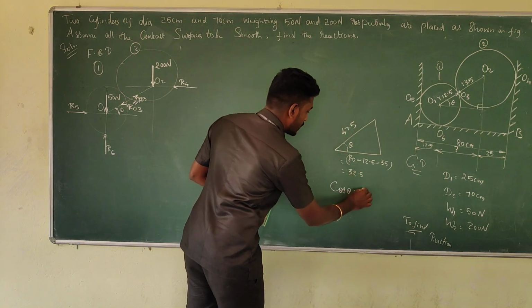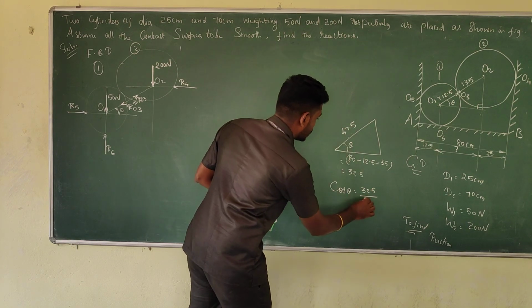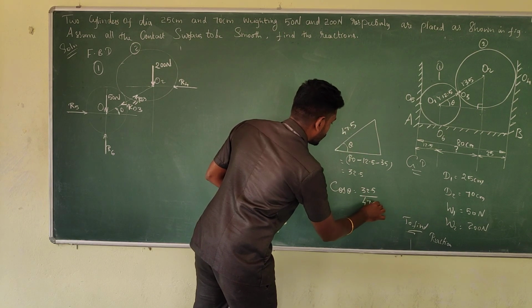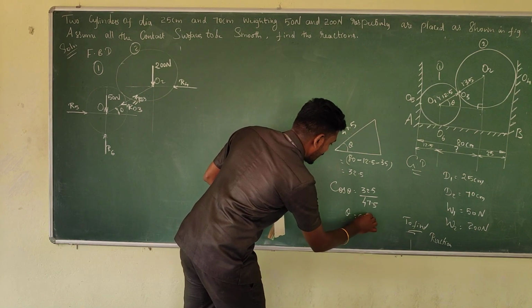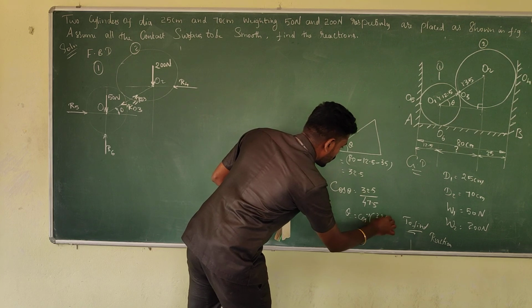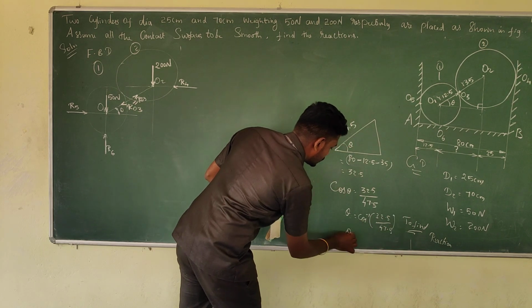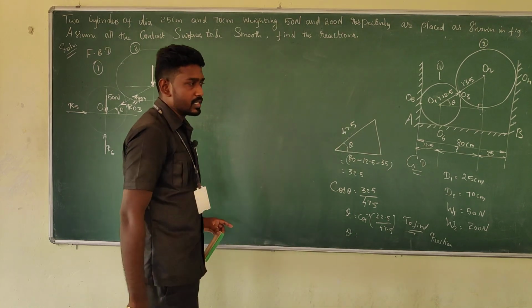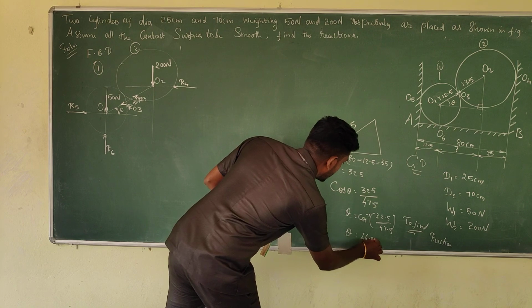Adjacent side is given as 32.5, hypotenuse side is 47.5. Now theta is equal to cos inverse of 32.5 divided by 47.5. Just do it in your calculator and you will get 46.8 degrees.